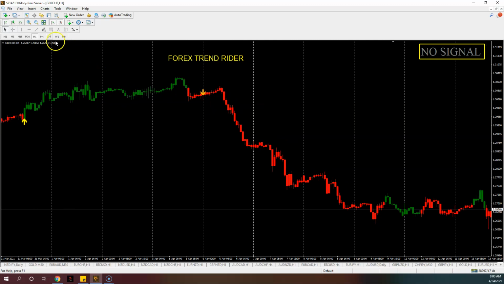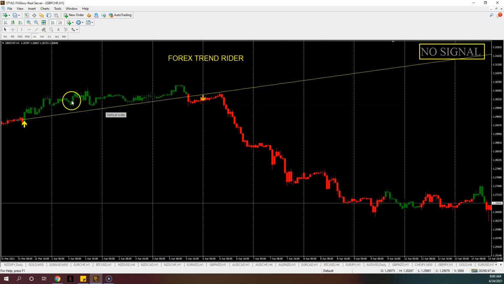Then the market's reversed. Normally what I'll do is I'll draw a trend line that will confirm what I'm seeing in price. This is an ascending wedge.